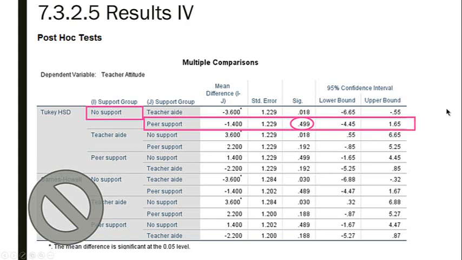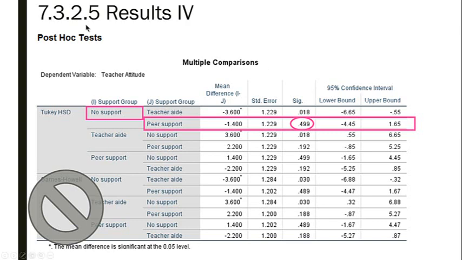So the way to interpret that is that plausible values for the true difference between attitudes when you receive no support versus attitudes when you do receive peer support is it could be that no support produces scores as low as 4.45 lower than the peer support, or they could be, plausibly, as much as 1.65 higher. So that 95% confidence interval includes 0, which is another way of saying that this difference is not statistically significant.